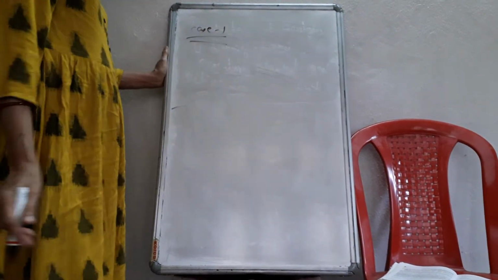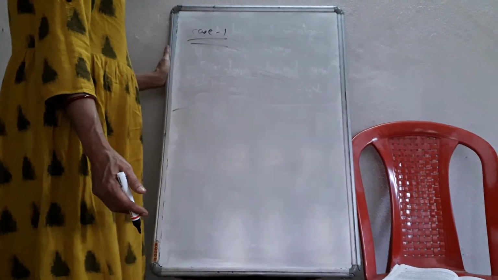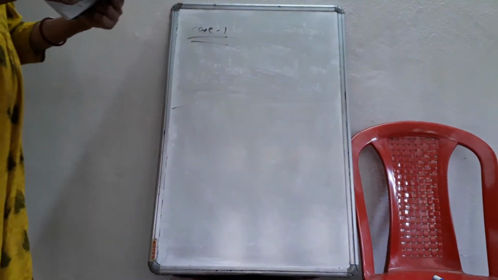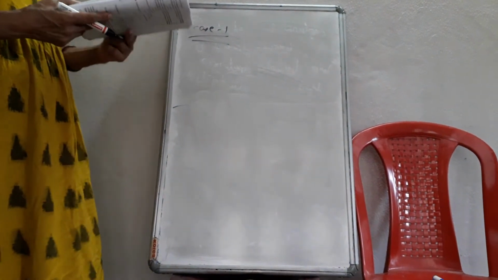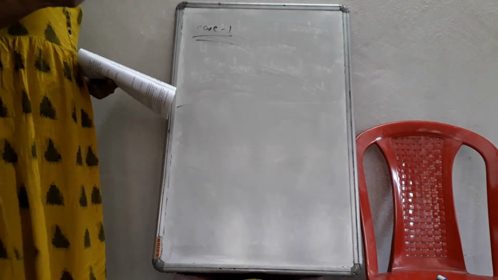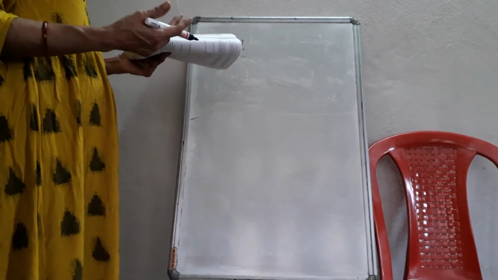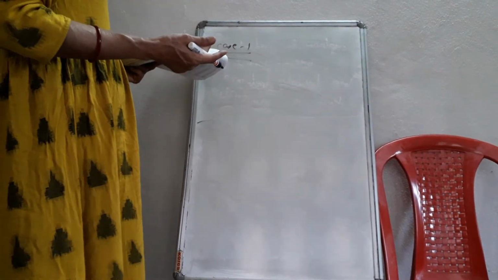Case 1: we will see how the resultant is linearly polarized. For that the condition is that the two polarized lights should have their vibrations in the same direction. The two separate polarized lights have a fixed direction of vibration, the same direction, for example along the x direction. So we can write them by equations.